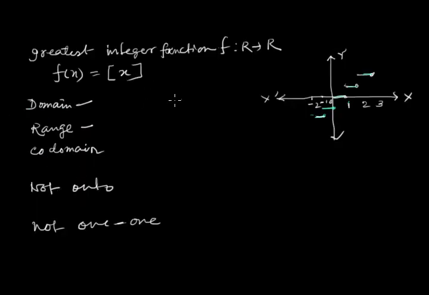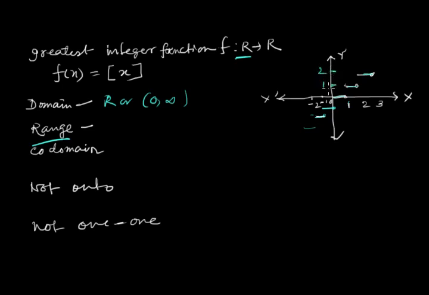So the next function is the greatest integer function, and the graph of this is like this, you know already. And here we see what the domain is. Domain is all real numbers, R. Range: what is the range? We see that if this is 1, this is 2.